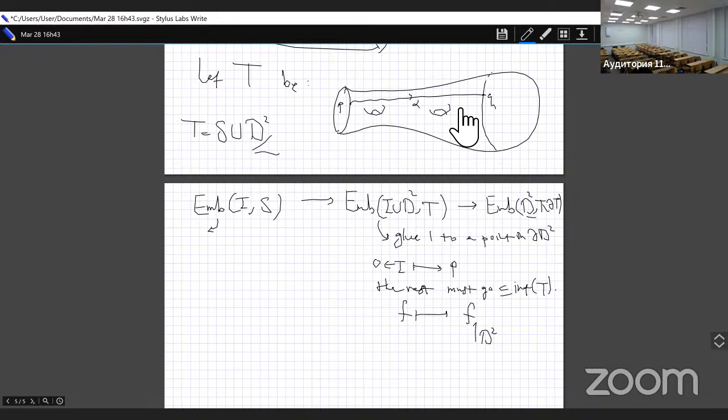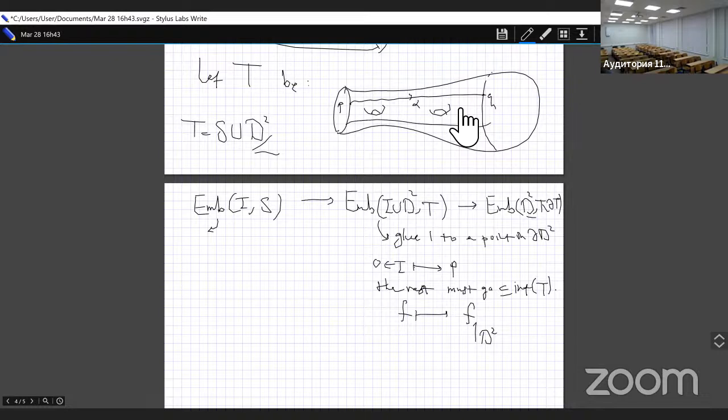But still, if the image of D2 intersects the disk we added, then the second arrow doesn't make sense, does it? Yes, I don't know why. Let me... So you want, in the space on the right, for example, something like this.